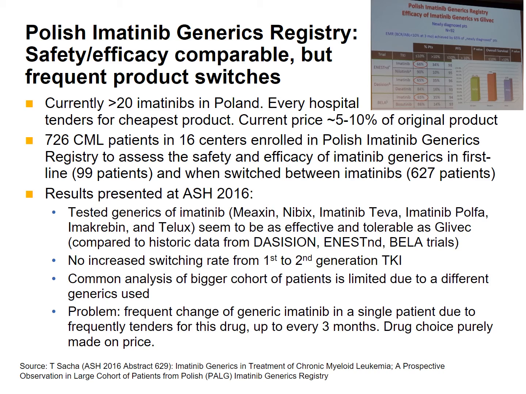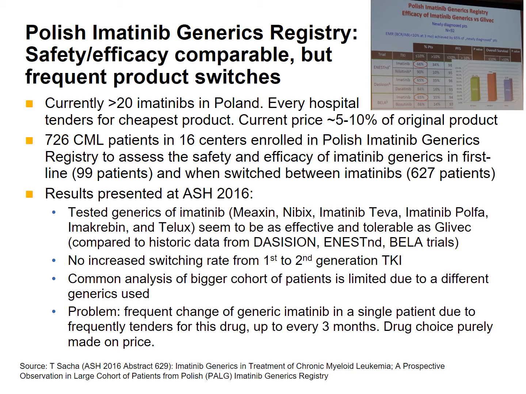So the results presented at ASH, the generics they tested in Poland, Meaxin, Nibix, imatinib Teva, imatinib Polfa, imacrebin and Tilux, seem to be as effective and tolerable as Glivec. Of course, they couldn't directly compare it to the original, but they compared it to historic data from the first-line trials of dasatinib, nilotinib and bosutinib, and from other studies.